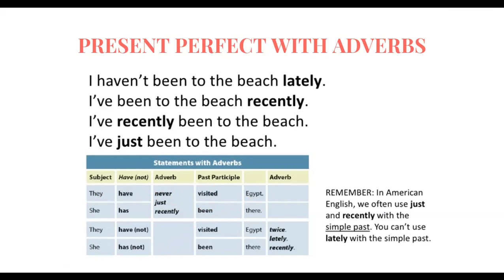She has not or she hasn't been there recently. As you can see, in the negative form, and even the affirmative, we can use these adverbs at the end. I can say she hasn't been there recently. She has been there lately, in the affirmative or negative.